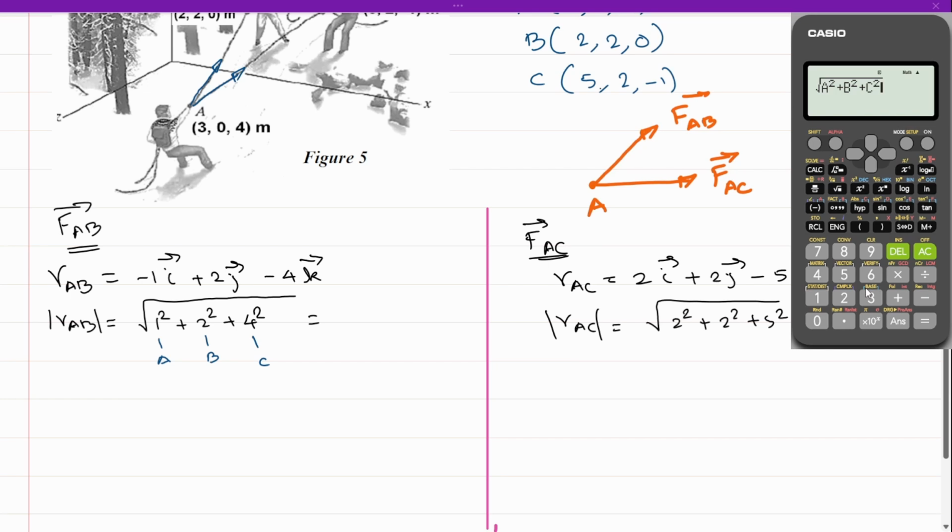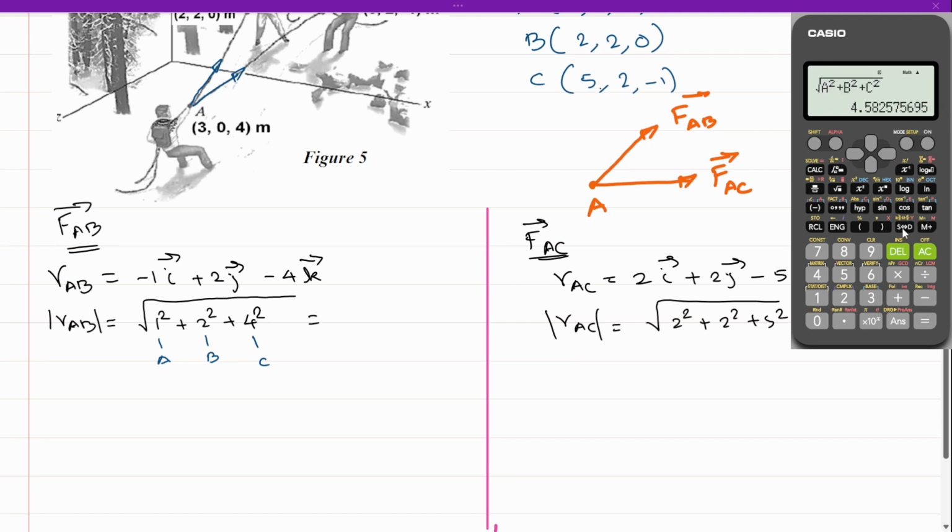Now I input the values of A, B and C. Let us proceed with RAB. Press calc. A will be 1, B is 2 and C is 4. So it is showing root 21.